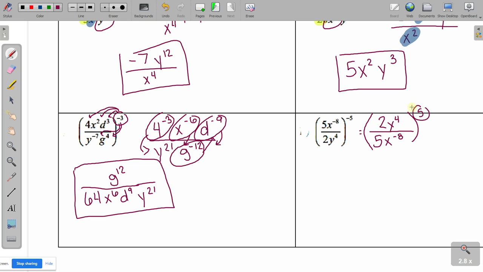Now we're going to distribute in our power. So we get 2 to the 5th. And then we get y to the 4th raised to the 5th power. 4 times 5 is 20.